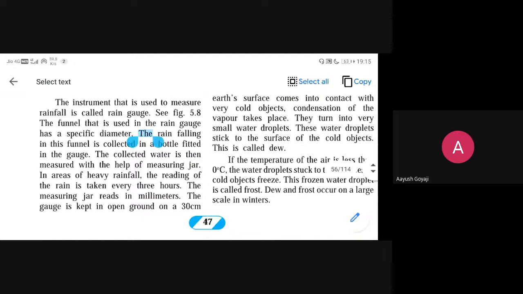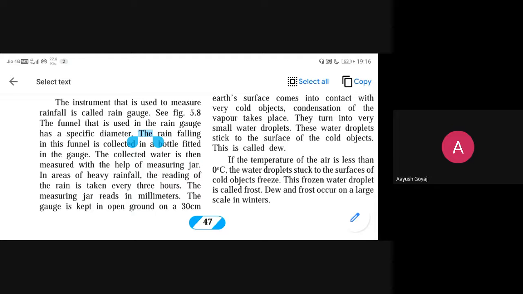Okay, the collected water is then measured with the help of measuring jar. We have seen that in areas of heavy rainfall, the reading of rain is taken every 3 hours. Okay, म्हणजेच काय, आता आपल्याकडे महाराष्ट्रामध्ये तर काय कंटिन्युअस पाऊस पडत नाही. Okay, in Maharashtra there is no continuous rainfall, or there is no very heavy rainfall in most parts of Maharashtra.